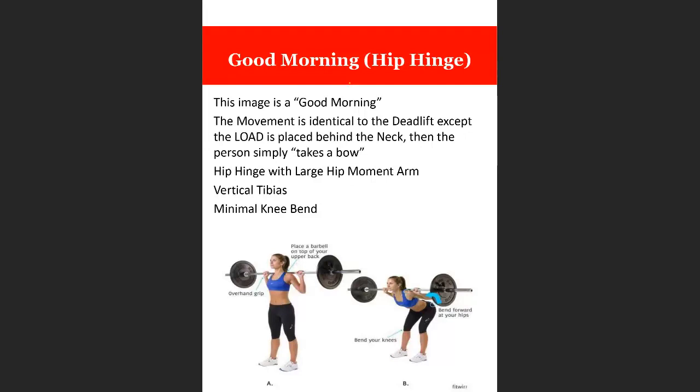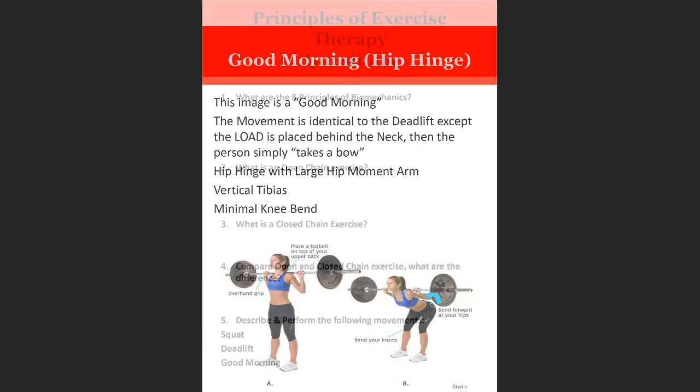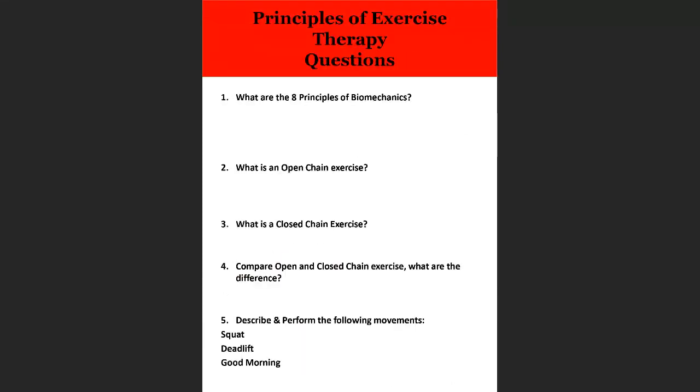What muscle group is lengthening under load there, guys? Yep, it's your hip extensors or your hamstrings. Excellent, that's exactly what we're doing. So the good morning is a hip hinge. We just changed the position of the load. That's all we've done. And again, we've got the questions on biomechanics.